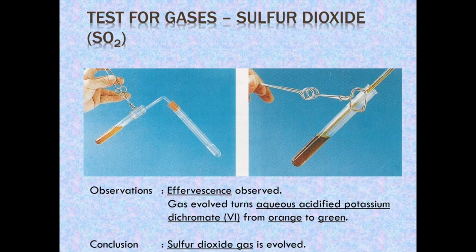So just take two solutions, react them. If you see that sulfur dioxide is produced, you pass it through acidified potassium dichromate(VI), which changes from orange to green, to test for the presence of sulfur dioxide.